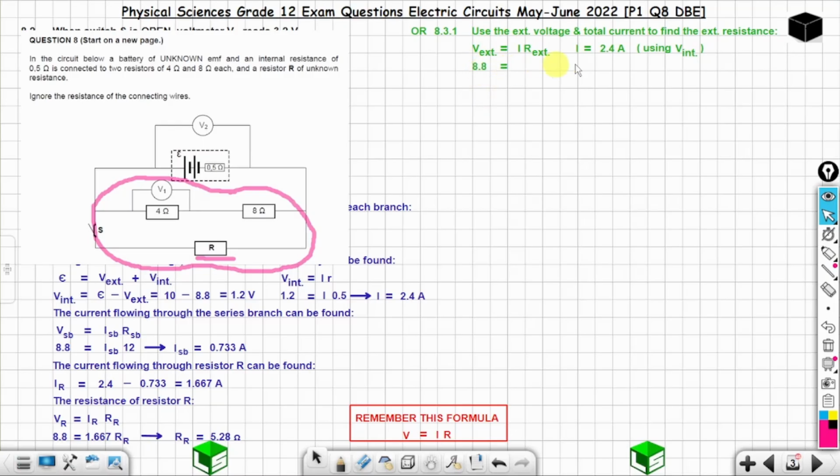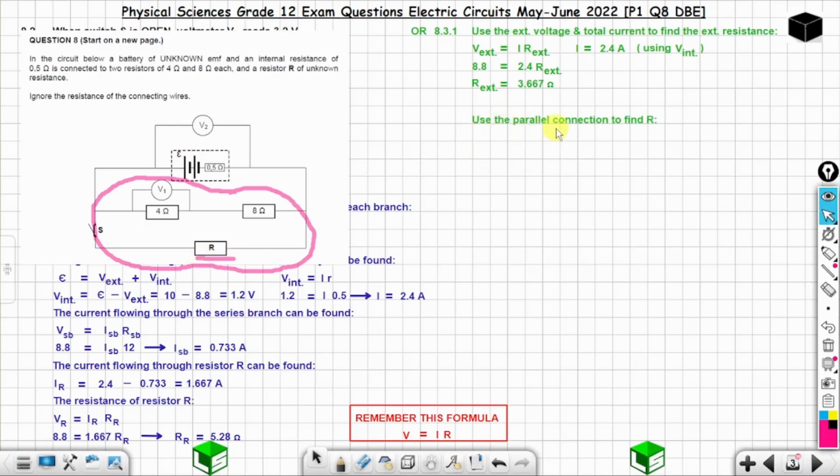This is equal to the current from the battery, 2.4, times the external resistance. Now you can find the external resistance. You are going to divide by 2.4 on both sides. This is equal to 3.667 ohms. So this is the external resistance. Now you can calculate the resistance of resistor R.